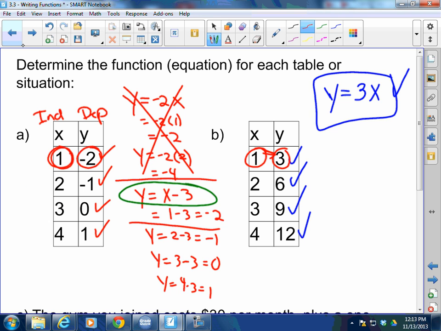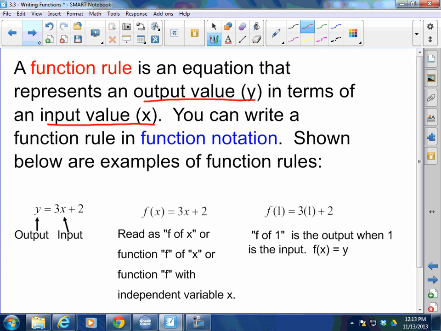For example, that's a function. y is in terms of x. x is independent, y is dependent. So that part is nothing new. A function rule is basically an equation that represents an output value in terms of the input value x. You can write a function rule in what's called function notation.